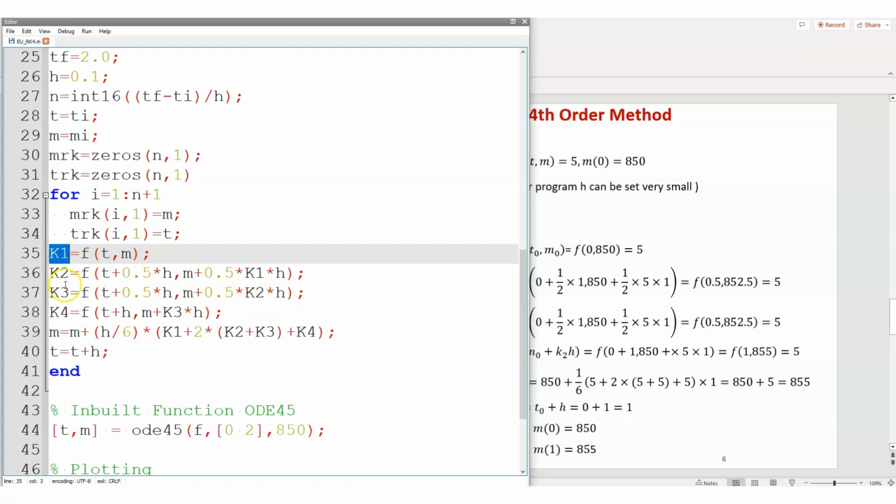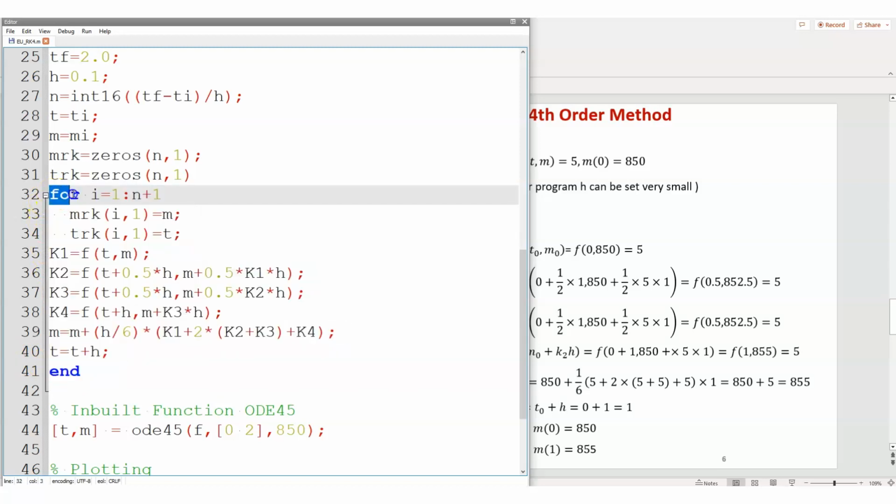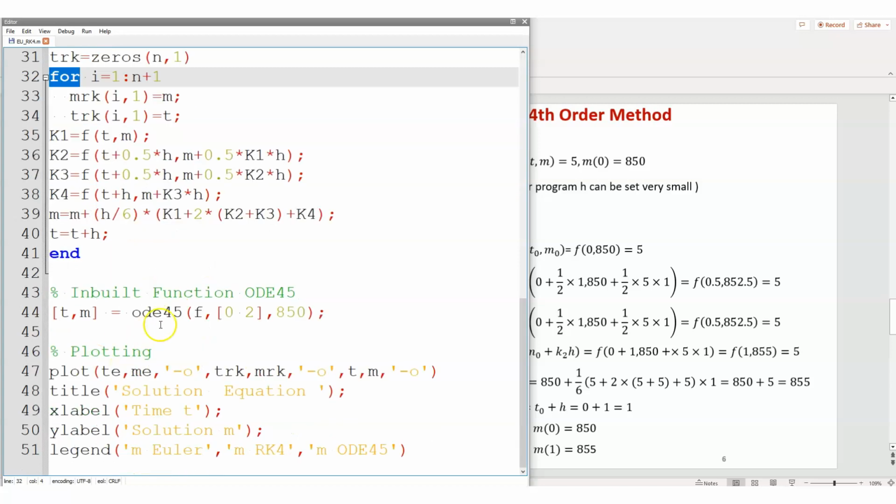So first k1, k2, k3 and k4, then m is equal to m plus h by 6 into k1 plus 2 into k2 plus 2 into k3 plus k4, and t is equal to t plus h. That means we are using a for loop, because we are calculating at every iteration.